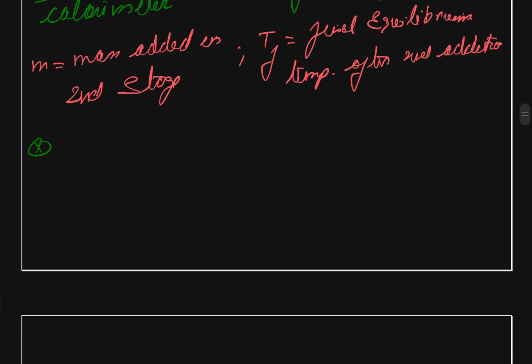So we can say the calorimeter cools from Tc0 to Tb.